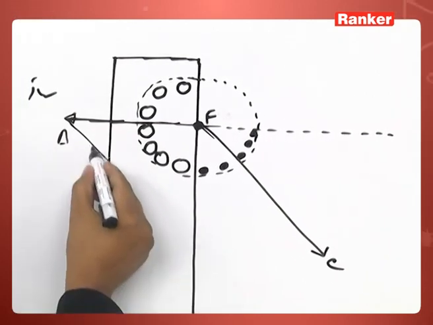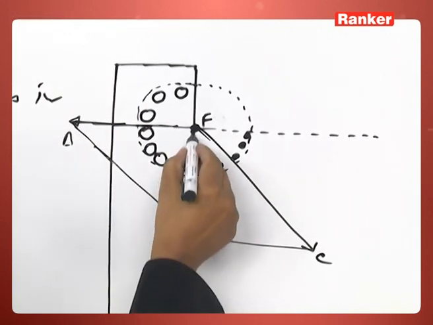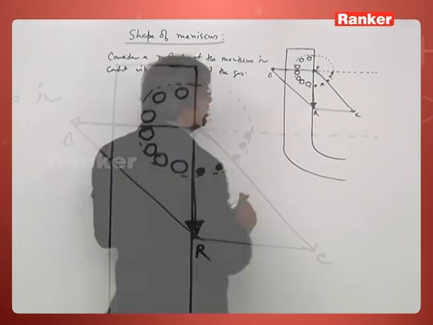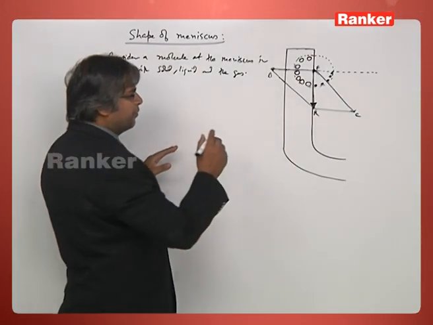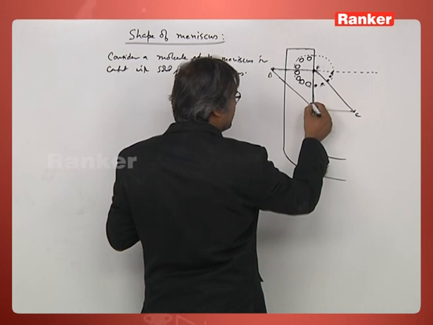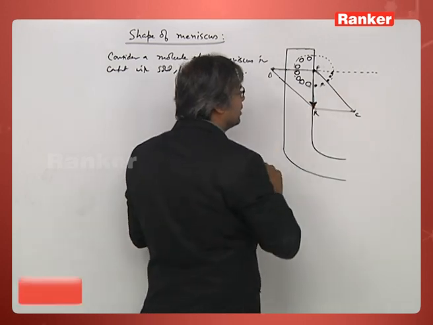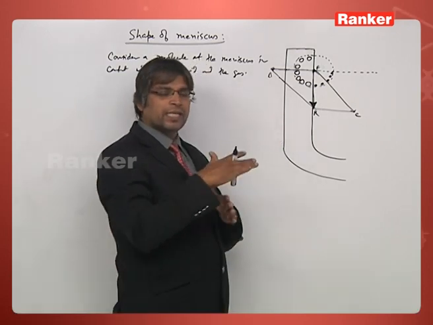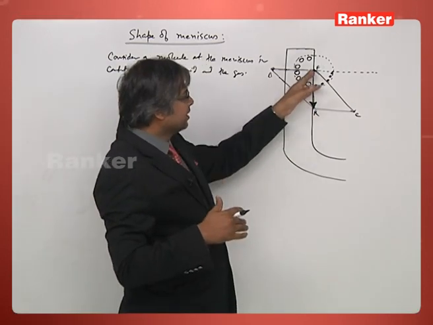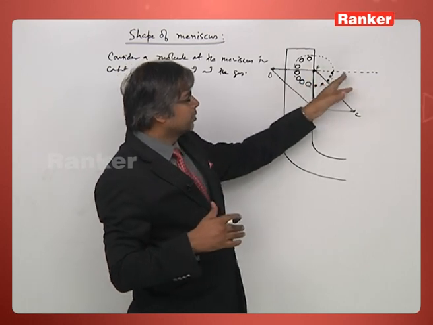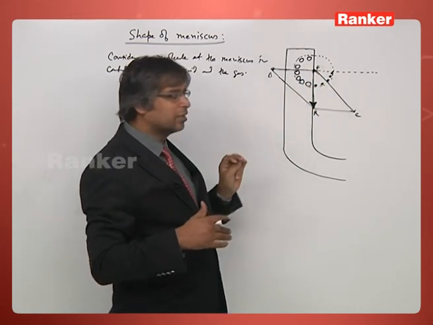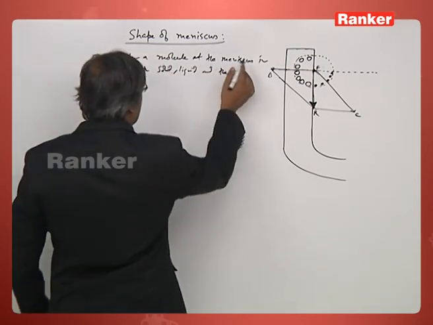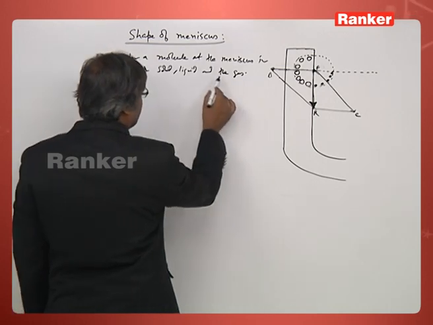And suppose I have a resultant here, this is the resultant FR. If the resultant is vertical, you know that on the surface there should be no net force along the surface. That means the net force is along this, so the surface should always be perpendicular to the net direction of the force.